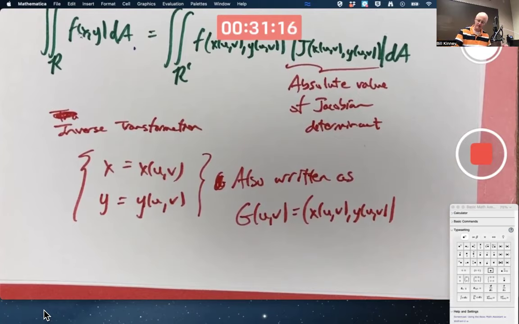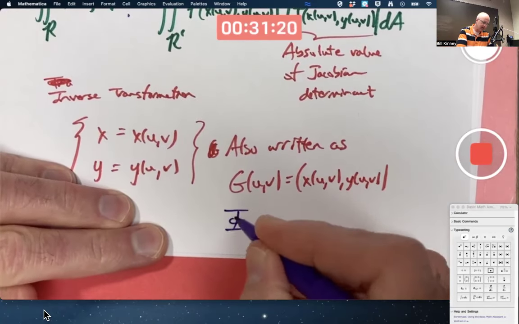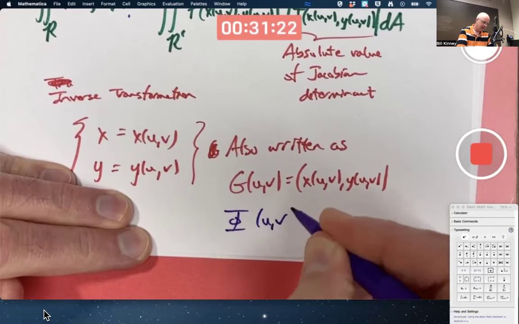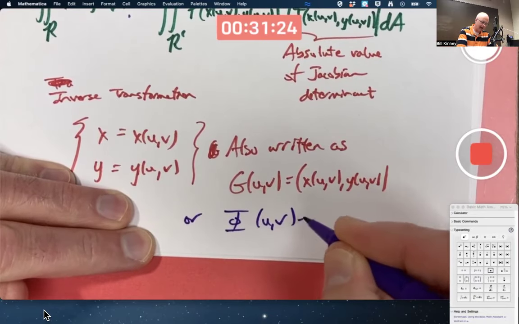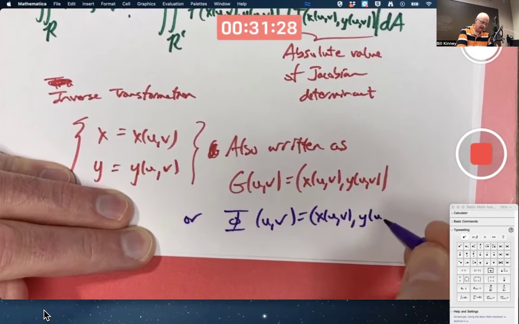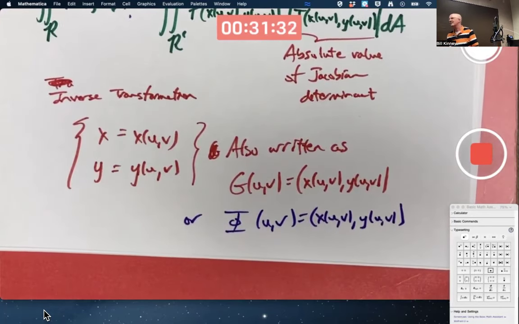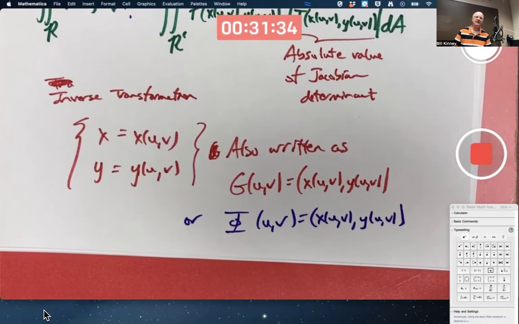You'll see sometimes other people write, oh, how about capital phi of u, v? I actually prefer using a Greek letter here, partially just for fun, and partially because other people do. The capital G, the capital phi, it just represents this transformation. And it's a two-dimensional transformation. It's taking two-dimensional inputs and giving you two-dimensional outputs.